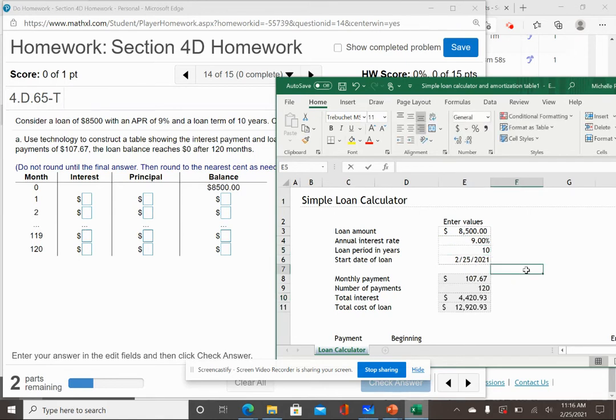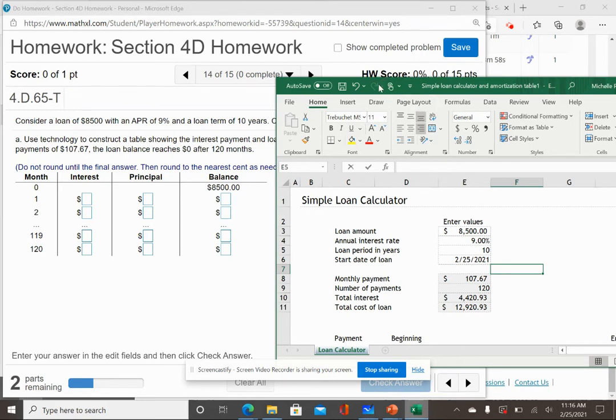And now notice, you will see our monthly payment amount of $107.67 coincides with the amount that was stated in your problem for the monthly payment of $107.67.